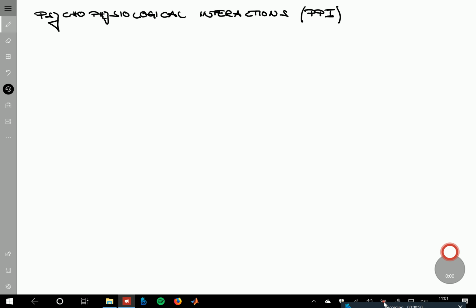So far we've discussed any kind of designs for brain mapping, and now we want to discuss psychophysiological interaction designs, usually referred to as PPIs in the brain imaging community.